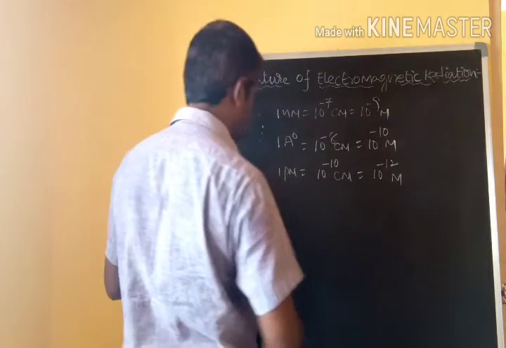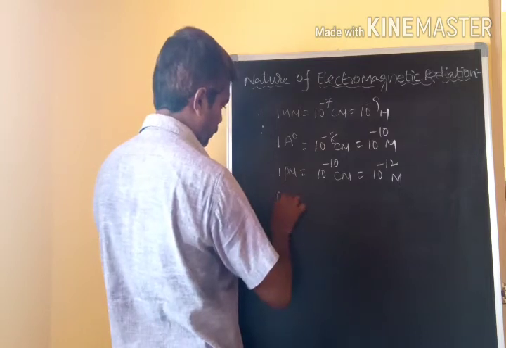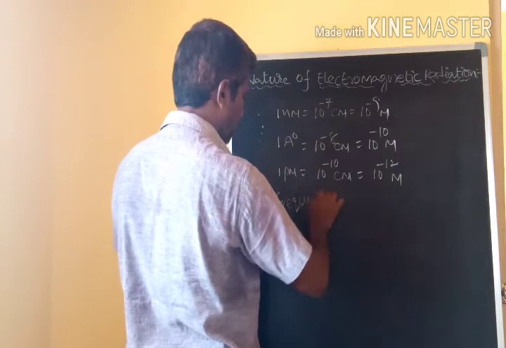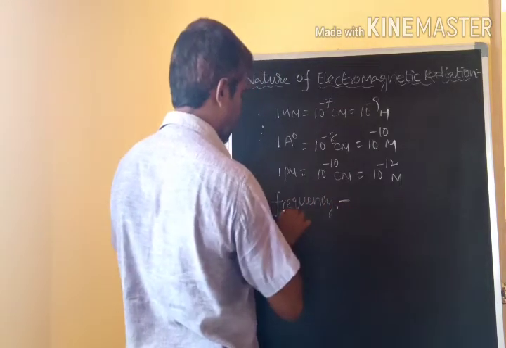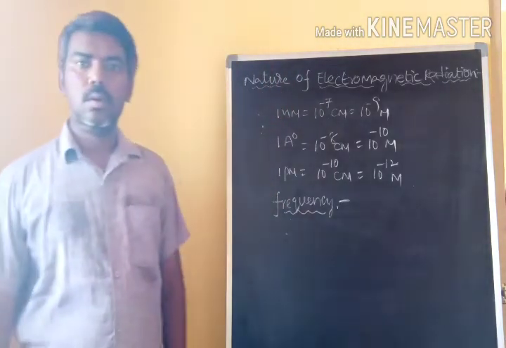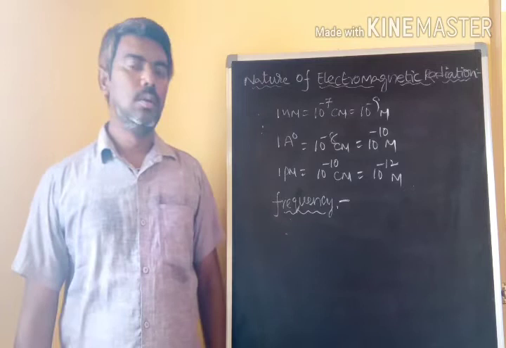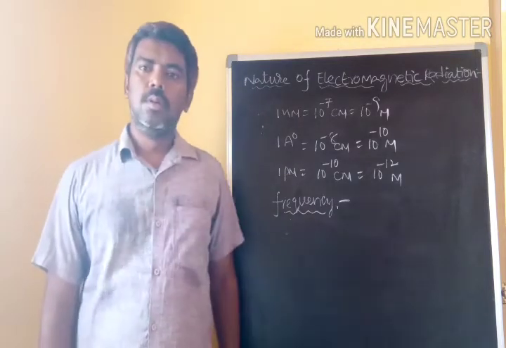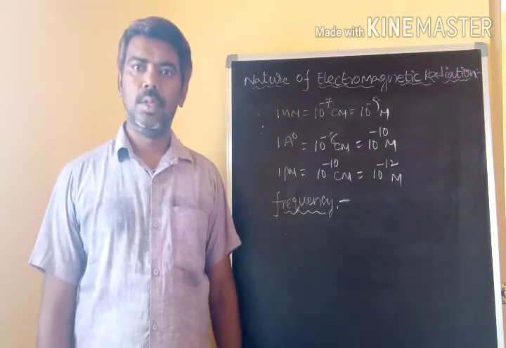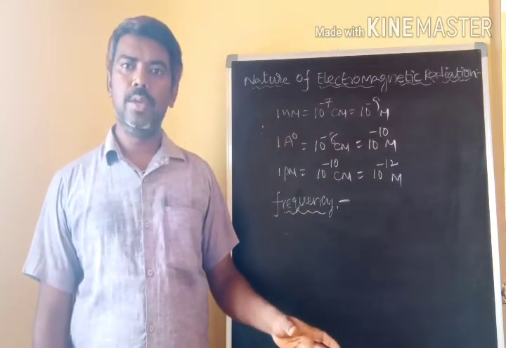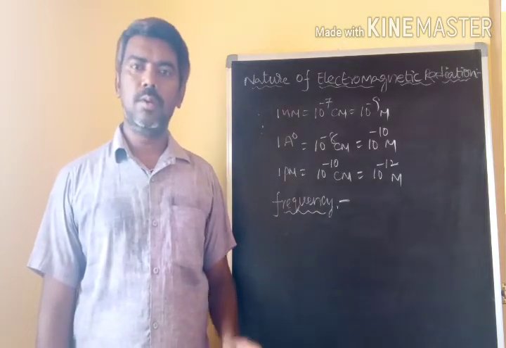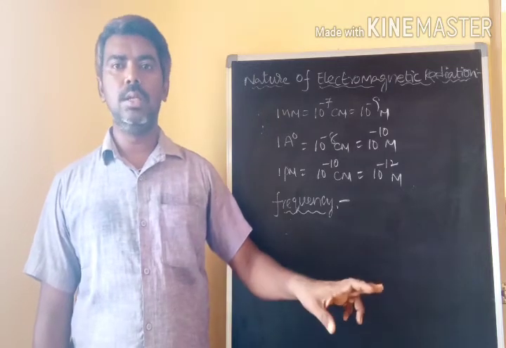Next, frequency. How to define the frequency? The number of waves that pass through a given point in a given time, or the number of wavelengths traveled in a particular distance.